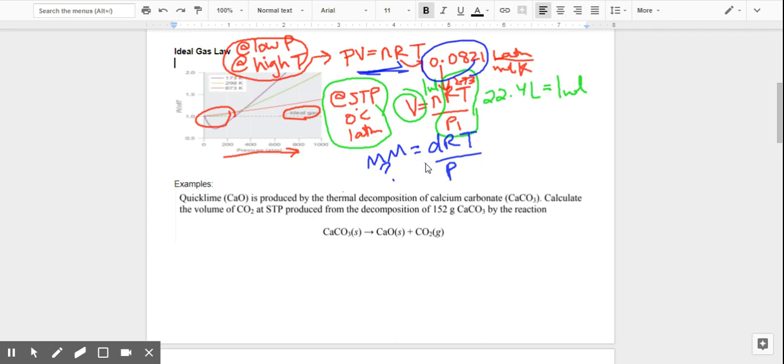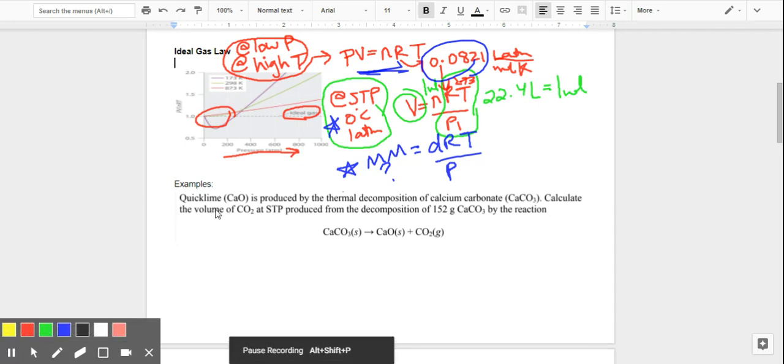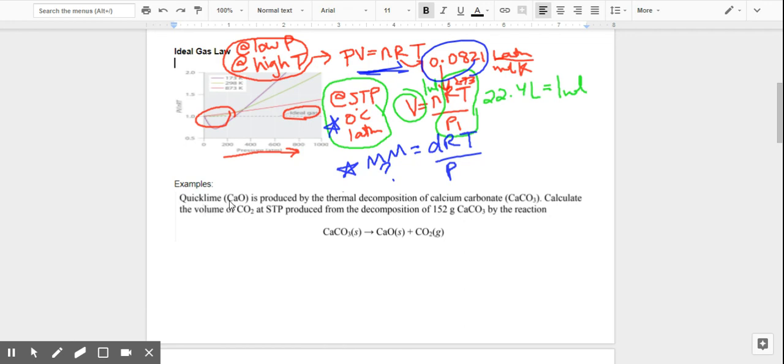So what I have here is just a couple of examples dealing with the stoichiometry and the molar mass kitty cat equation, so we can reinforce and review that idea. If we read this first example, it says you have quicklime, which is calcium oxide, produced by thermal decomposition of calcium carbonate.